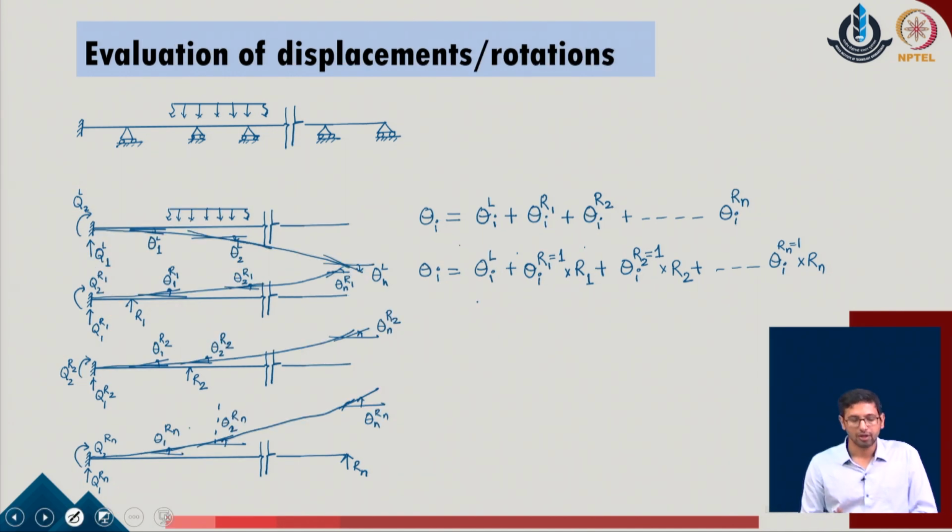In the same manner, one can also evaluate the response or the displacements of the given system. These are the displacements other than the available set of displacements which are in the direction of the redundant. As we consider this problem, at this given point we have the vertical translation which is 0, and that becomes our conditions of the compatibility. Same is with this system, the third and the subsequently all other joints of the given problem.